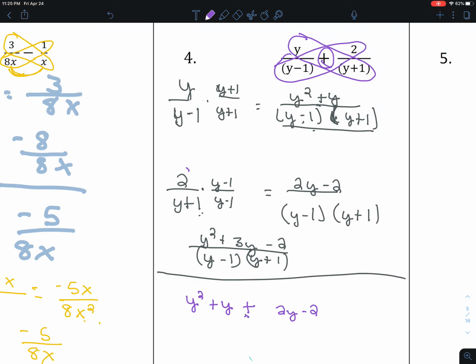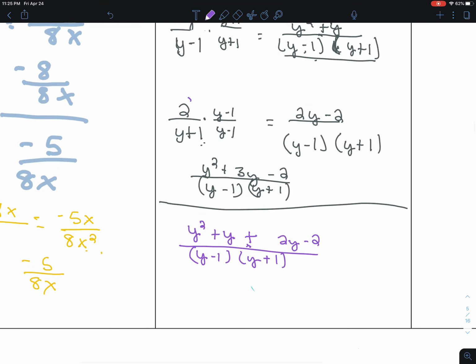Notice I kept the addition sign. And then that would be over y minus 1, y plus 1, because the next step is to multiply these together. Combining like terms, I get y squared plus 3y minus 2 over y minus 1, y plus 1.